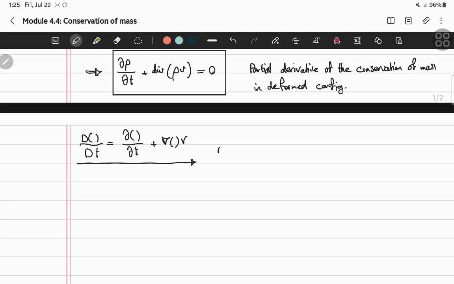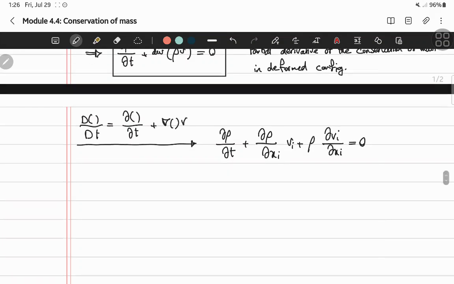If I open this up, we have rho, partial derivative of rho with respect to t, plus partial derivative of rho with respect to xi, or divergence, times vi, plus rho, partial derivative of vi with respect to xi, is equal to 0.